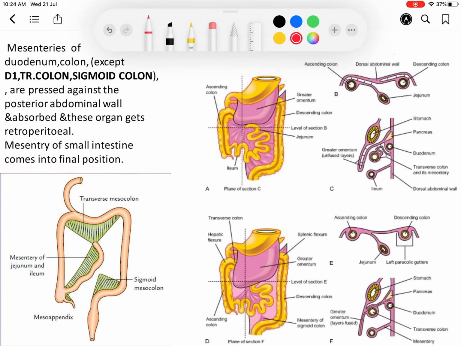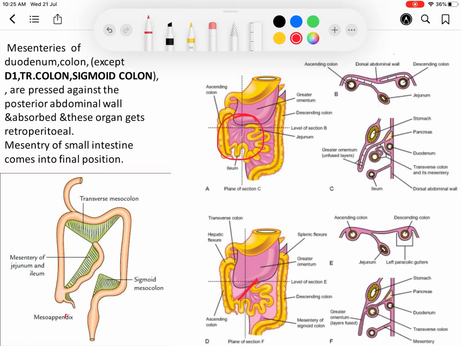And in this process of fixation of the gut, the mesentery of the small intestine also comes into its final position. In this diagram you can see the mesentery of the ascending and descending colon and most of the duodenum has been lost, but the transverse colon, sigmoid colon and appendix retain their mesentery, and the mesentery of the small intestine comes into the final position, that is from the duodenojejunal flexure up to the right sacroiliac joint.